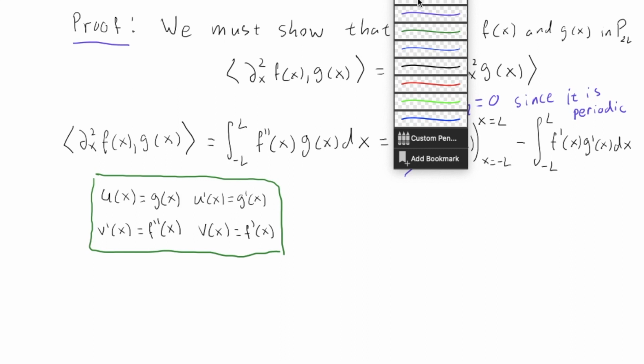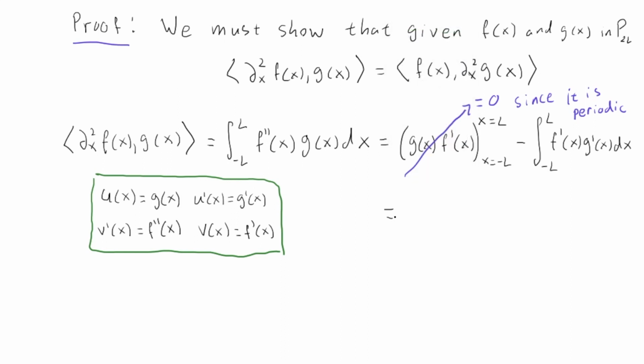Okay, and so we are only left with minus the integral from negative L to L of f prime g prime, and we want a second derivative on g, so we integrate by parts again.